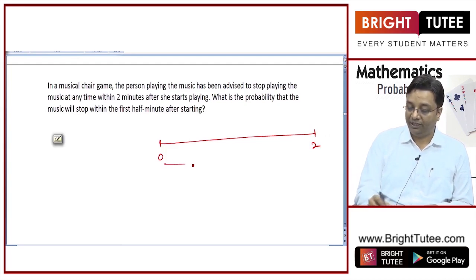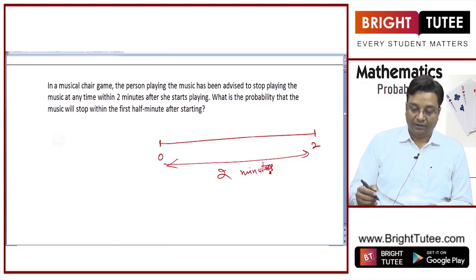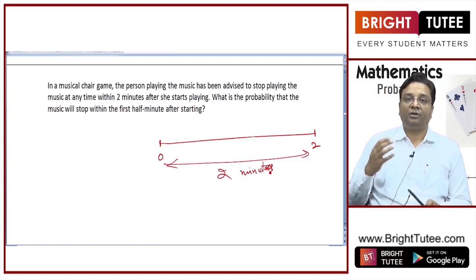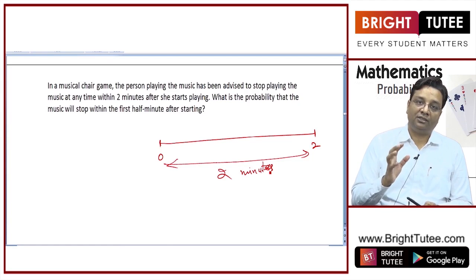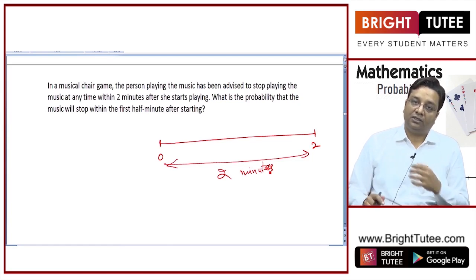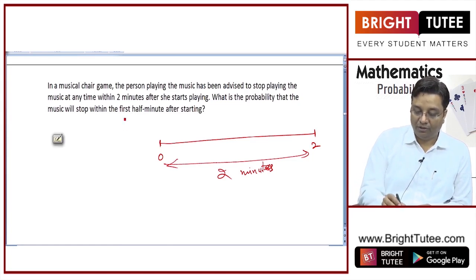So this period is of 2 minutes, let us say. In every question we won't be able to exactly count the possible number of outcomes and favorable number of outcomes. So in such questions we have to devise certain other method. Let us look at this question first, then we will discuss about it.